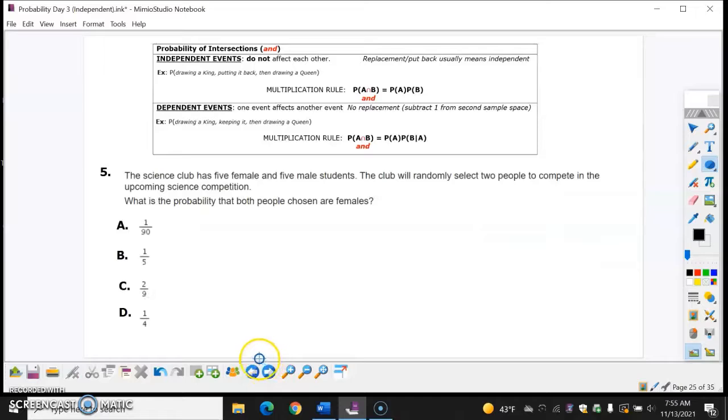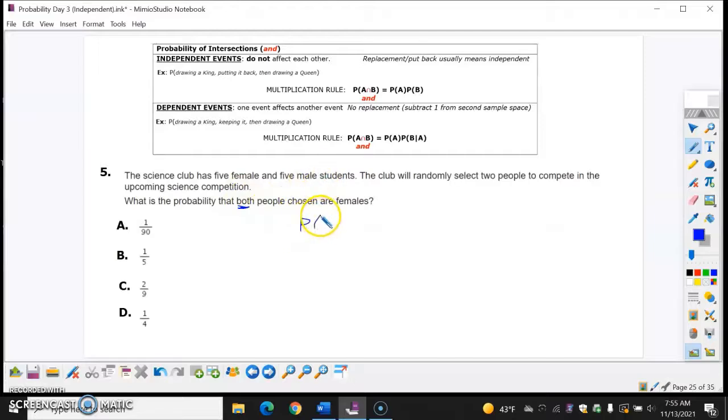The science club has 5 female and 5 male students. They're going to randomly select 2 people to compete in the upcoming science competition. What is the probability that both chosen are females? So both is kind of another word for and, if you think about it.